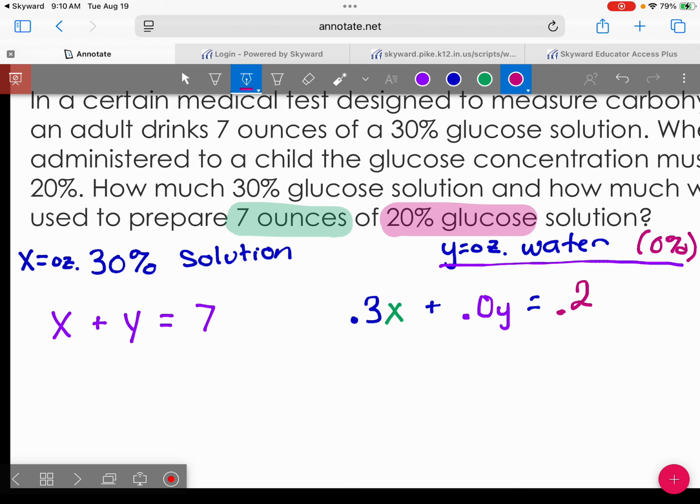So 0.3x plus 0.0y equals 0.2 times 7. That 7 over here is the most forgotten piece on these. So make sure we have percent ounces, percent ounces, percent ounces.